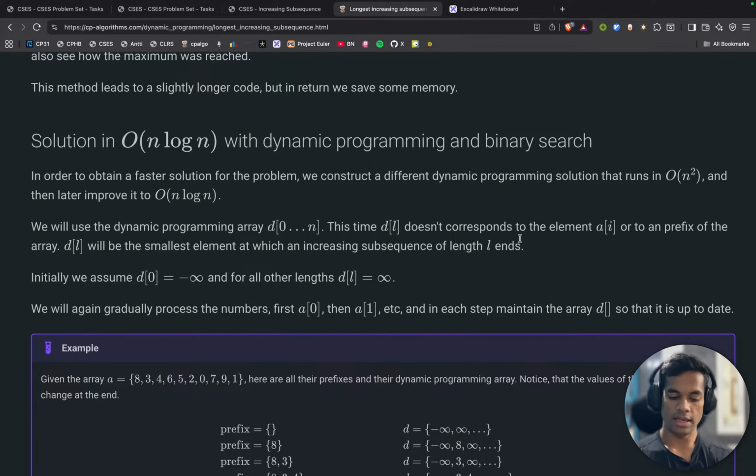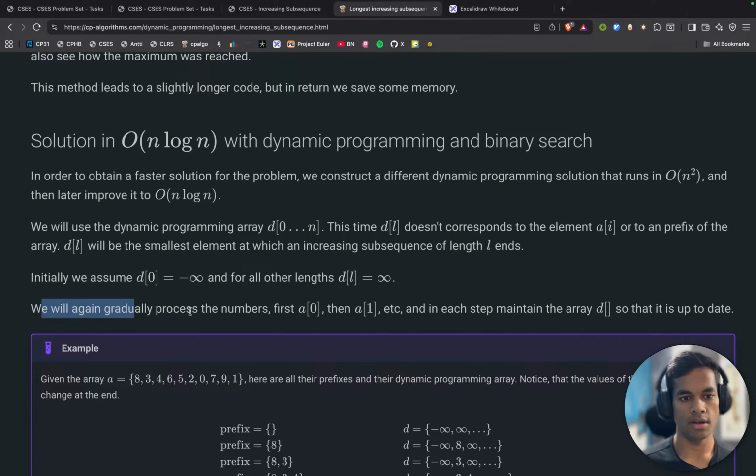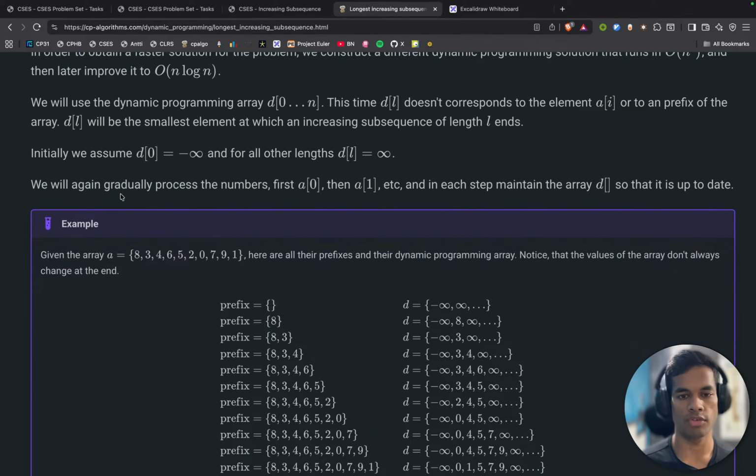The smallest number with a length of the index. Initially, we assume that everything is equal to 0, and then we will gradually process the numbers ai.